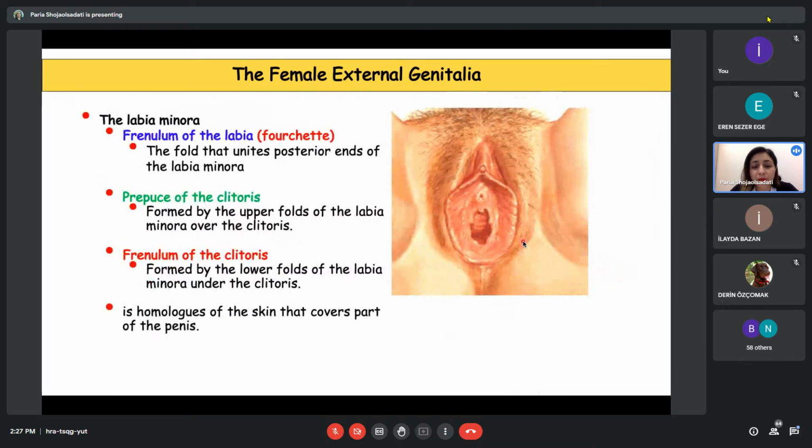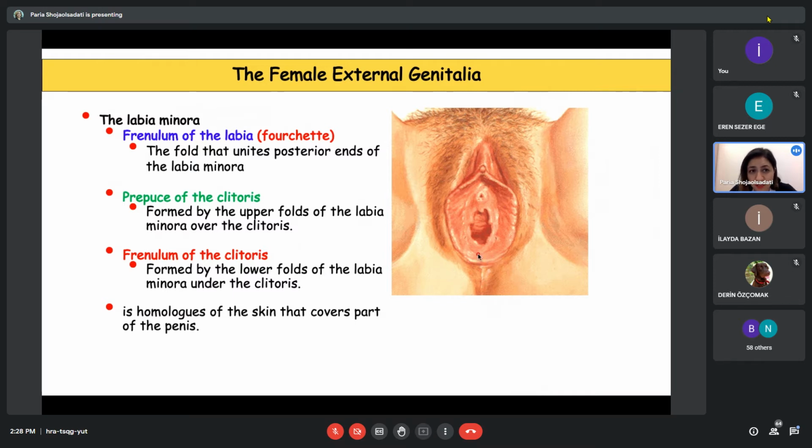The labia minora has different parts, and each part has a different name. For example, the frenulum of the labia, or fourchette, is the fold made by the union of these two labia on the posterior side.